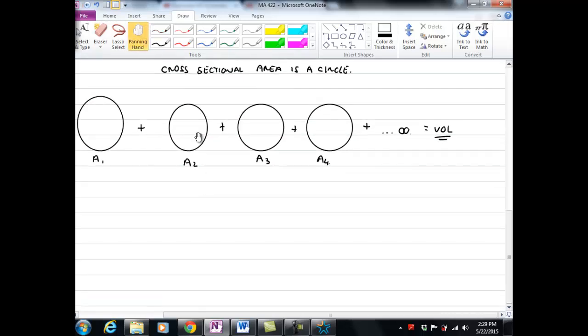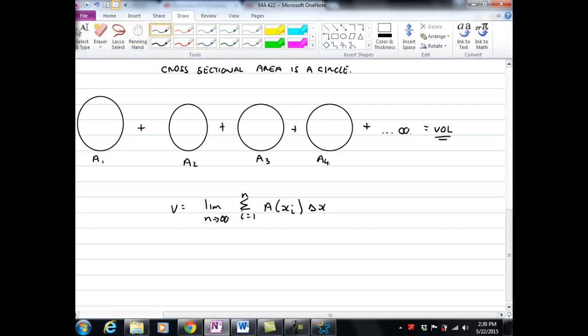So I can rewrite this formula as volume equals the limit as n approaches infinity of the sum from i equals 1 to n of A(x_i) delta x. You've probably seen this before. All this is saying is that I'm going to add all the areas up from 1 to infinity.